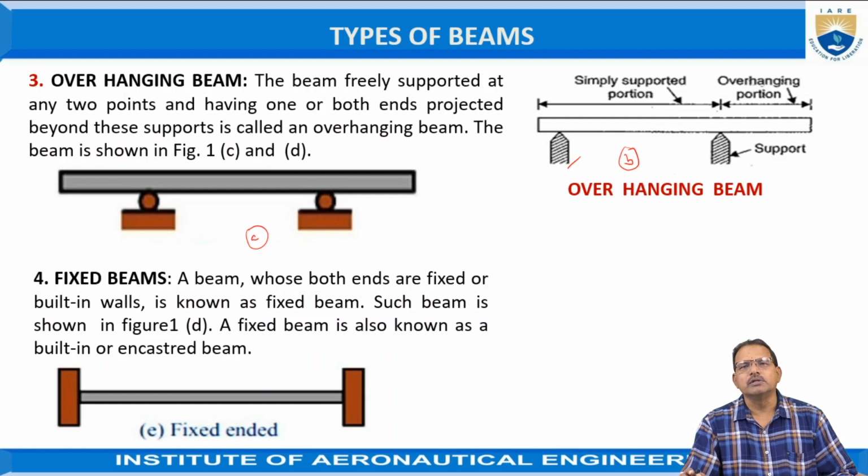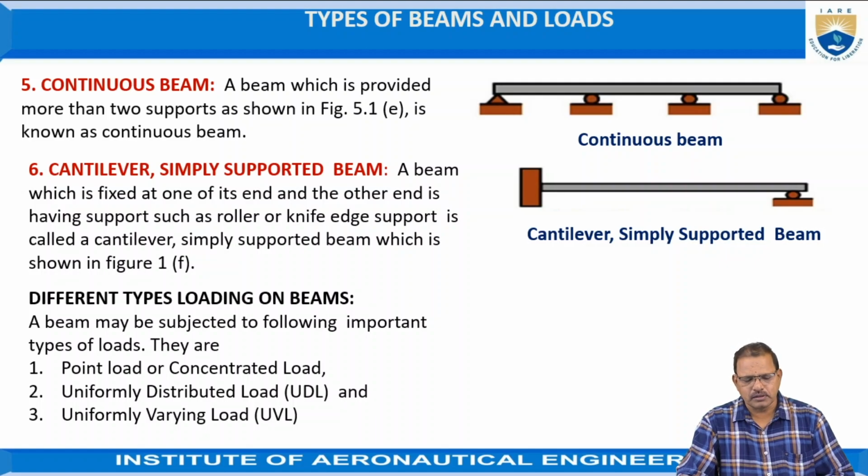Fixed beam: a beam whose both ends are fixed is known as a fixed beam. Sometimes it is also called a built-in beam, and also called an encastre beam, which is shown in figure C. The continuous beam is a beam which is provided with more than two supports, which is represented here in figure D. A cantilever simple supported beam is one in which one end of the beam is fixed and the other end has a support, which may be a knife edge or roller support.